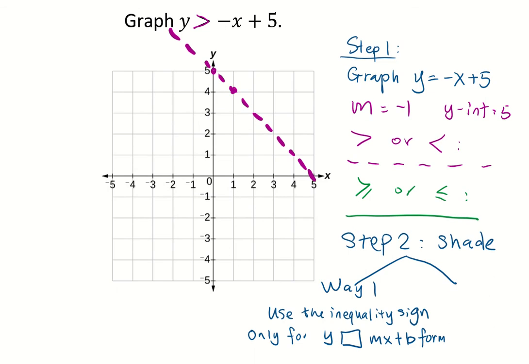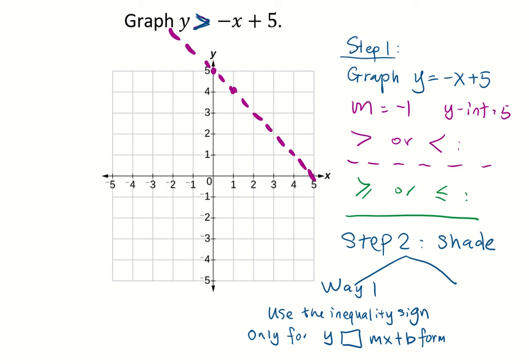The first way is only good when your inequality is in the slope-intercept form. That means your y is on one side of the inequality and the rest is on the other side. This works for our case. Notice our sign is greater than, so that means we will shade the upper half of the line.